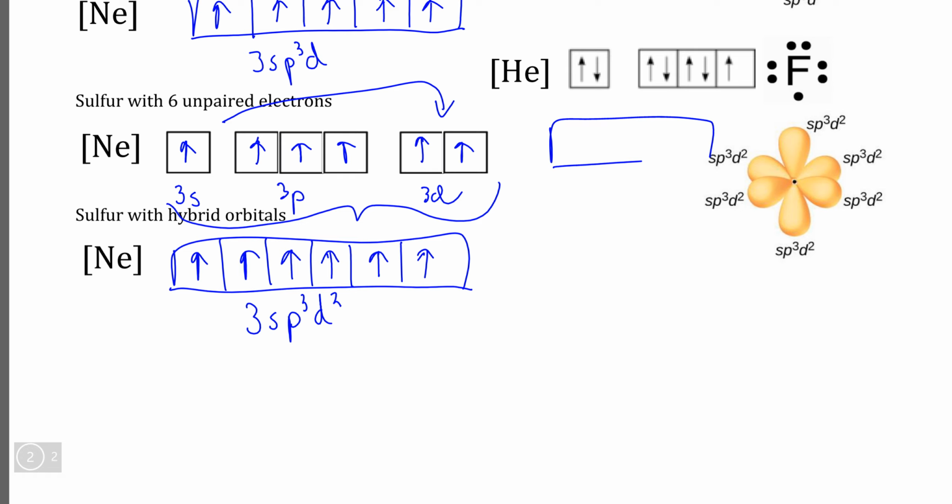So if we redraw these here to show how bonding would work in a sulfur compound that has 6 bonds, we can see this in SF6, sulfur hexafluoride. We know that fluorine has 1 unpaired electron in its 2p subshell, which it can use to pair with one of sulfur's unpaired electrons in its 3sp3d2 hybrid subshell here.